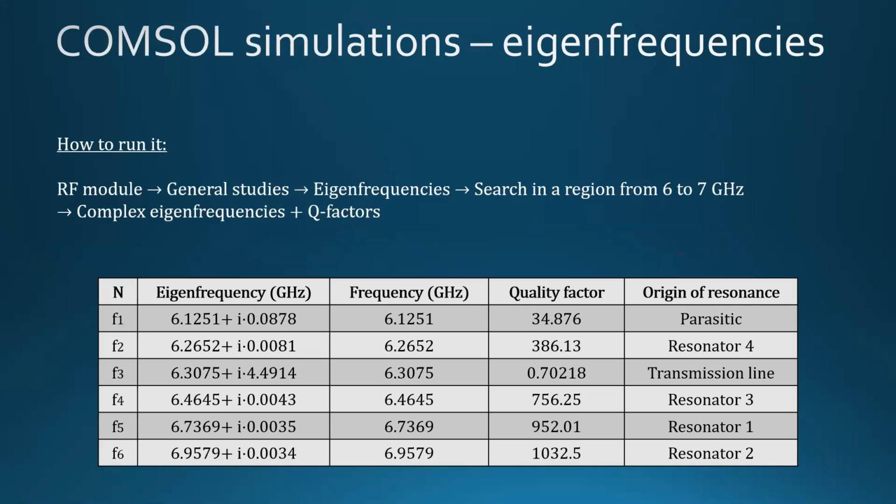So before coming to the experimental results, I'd like to discuss a bit the COMSOL simulation of these resonators. After putting this design into COMSOL and running the search of eigenfrequencies, I found that there are some modes that are not related to the resonators, but to some other structures.